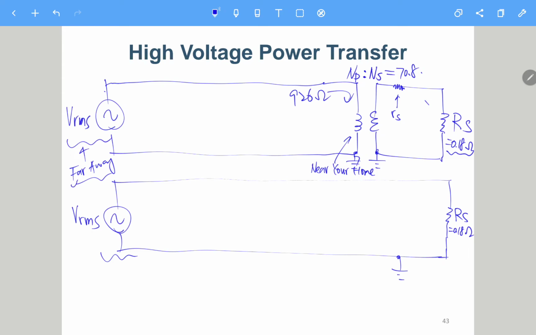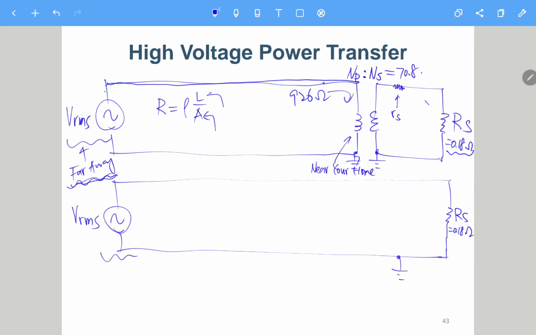And of course for this one, it is far away from your home, which means that even if the conductor is good, the resistance of this wire is proportional to L over A, equal to rho L over A. A depends on how thick it is, but if it is thicker, then you need more material.